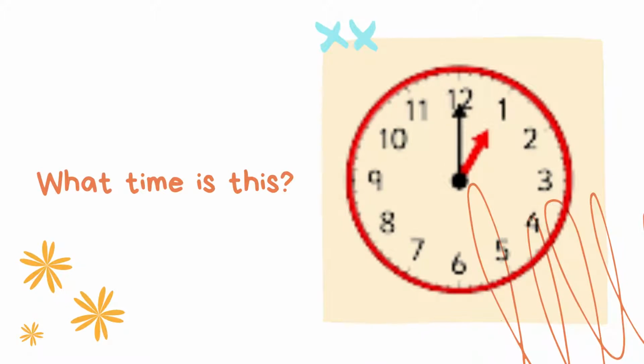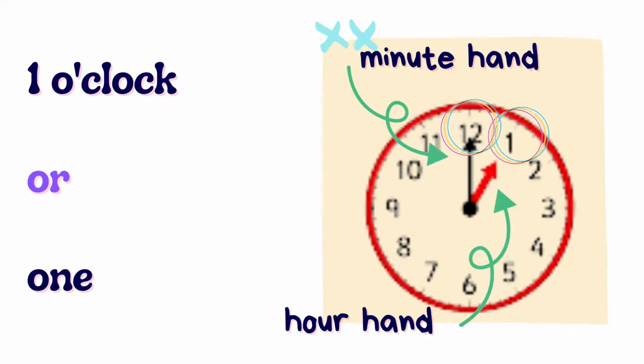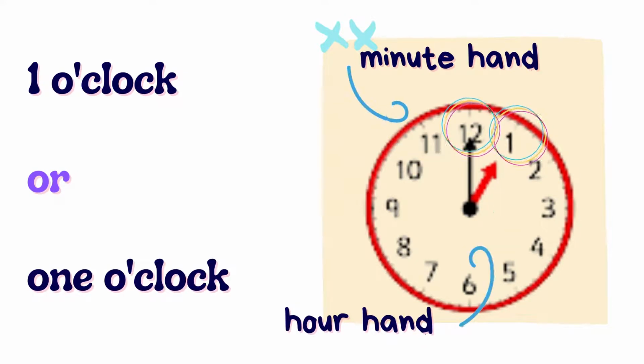Next, what time is this? It's 1 o'clock, as the hour hand is pointing sharply to number 1 and the minute hand is pointing sharply to number 12. This is what we call 1 o'clock.